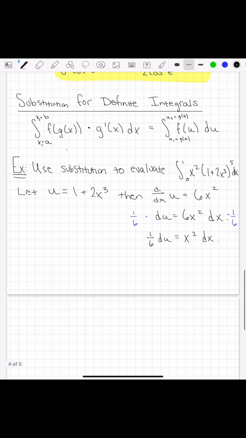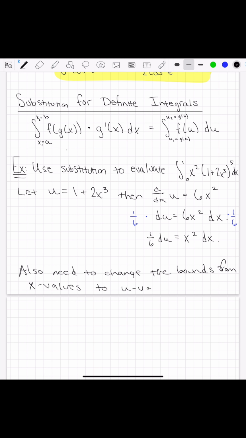So now since we have our formula for u, we also need to change the bounds from x values to u values.